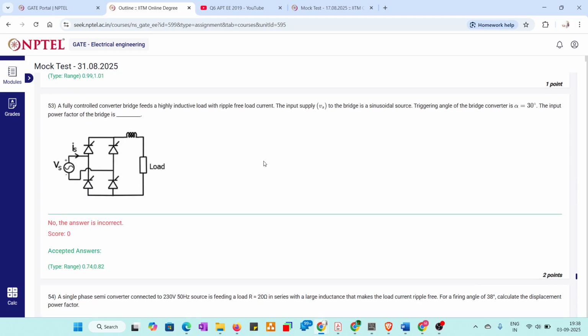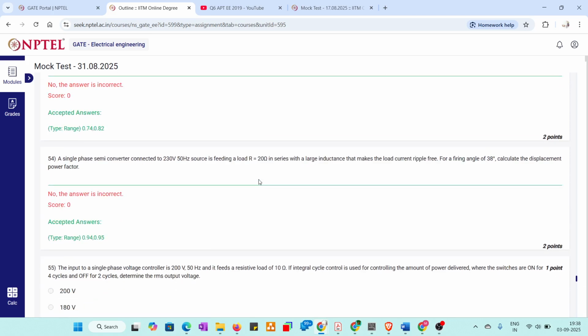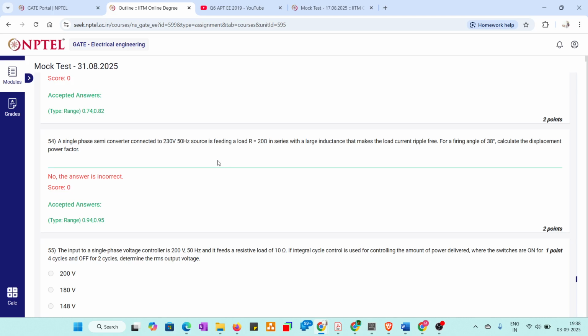This is coming to power electronics. So here the problem statement is given. You can see the question and what the accepted ranges are here. So please go through it your own way and find out which answer is right or wrong.